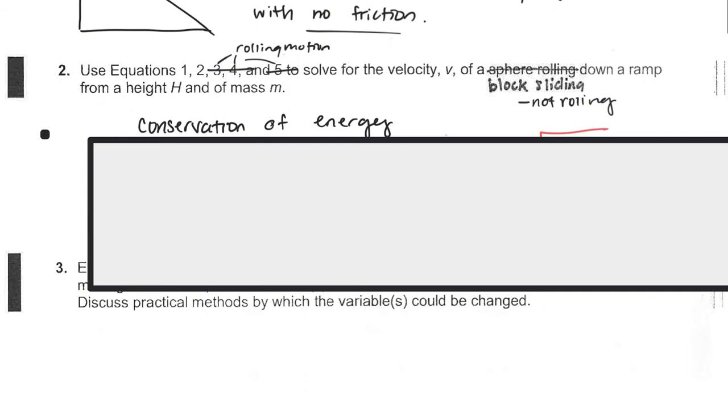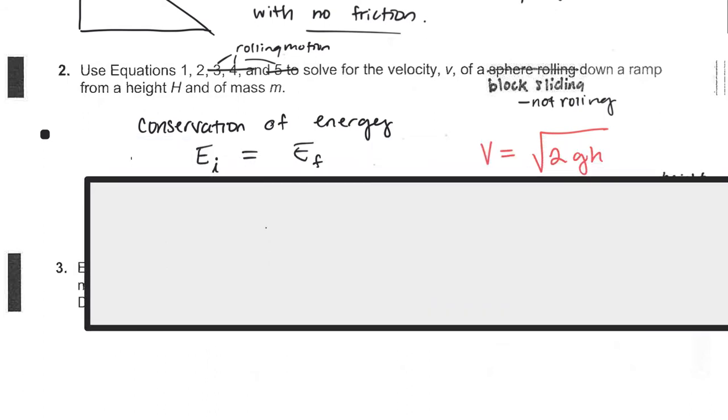Whenever you see conservation, what does that remind you of? Not exactly Newton's second law. If you're conserving something, you're saving it, right? So the first equation you would use would be E equals E. Everything that the object starts with, all the energy that the object starts with, will have to equal all the energy that the object ends with. Okay.